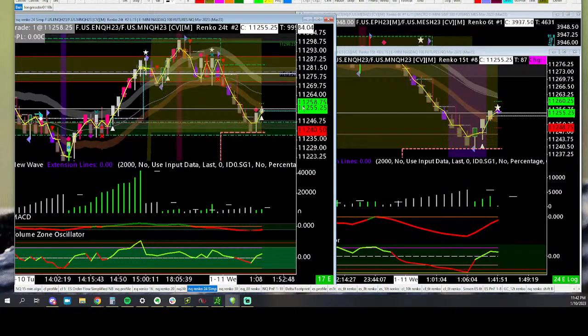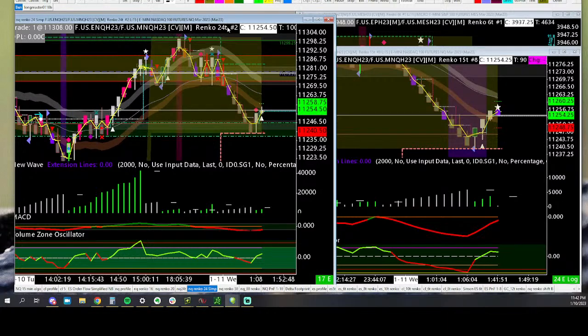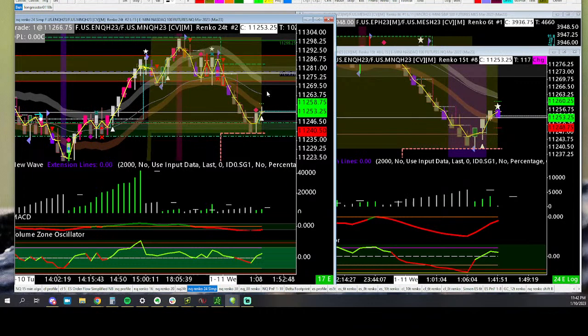What we're looking at, first of all, is the Renko chart. 24 ticks is the size of each of these blocks if they go the same direction. For them to reverse directions, you have to retrace the whole area and then go another 24 ticks.